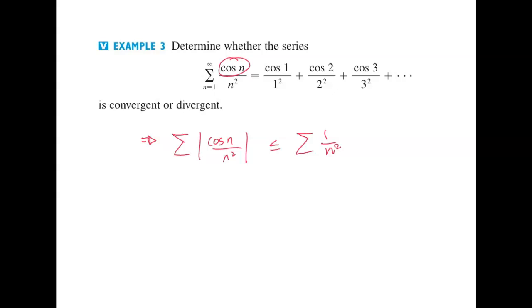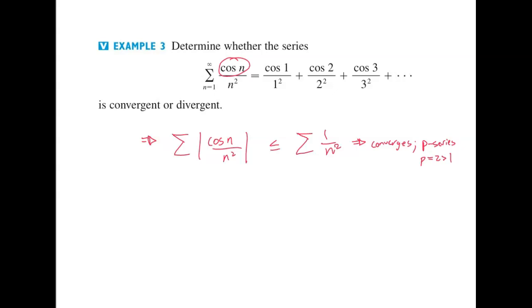Because the biggest the numerator will ever get is 1. And the denominator is the exact same. So I can say, therefore, before I make that statement, let's state this converges, right? Because it's a p-series where p is equal to 2, which is bigger than 1.